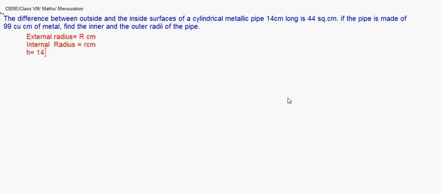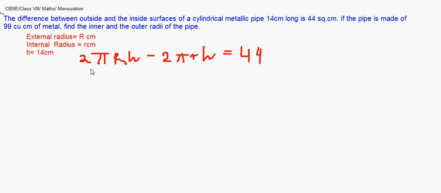H as 14 centimeter. Now the difference between the outside surface area, that is 2 pi RH, minus the inner surface area, that is 2 pi rH, is given as 44. So it will be 2 pi into R minus r, into H, is equal to 44.